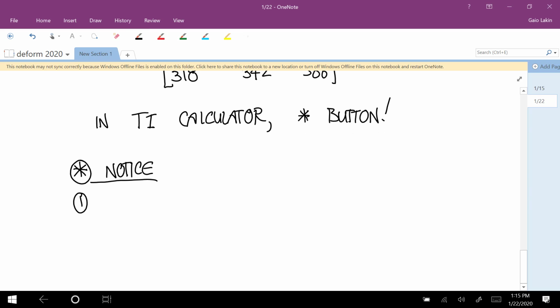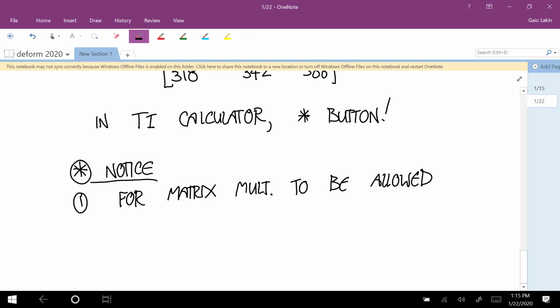So for matrix multiplication to be allowed, the length of rows, which another way to say the length of rows is the number of columns.